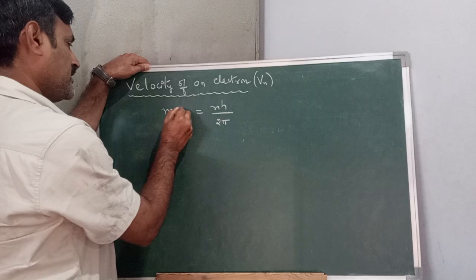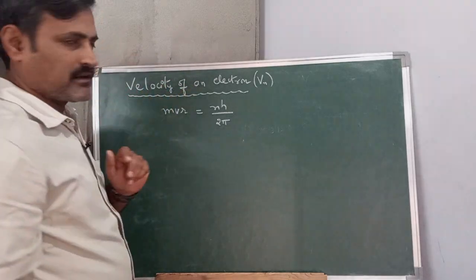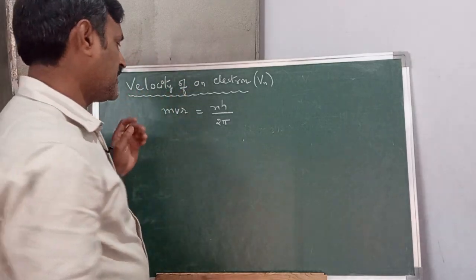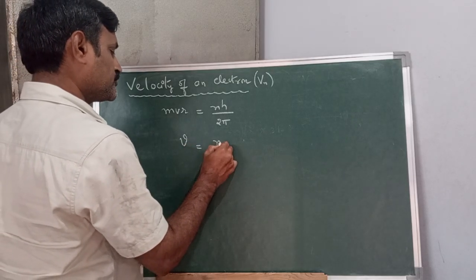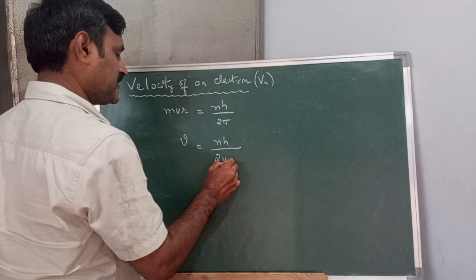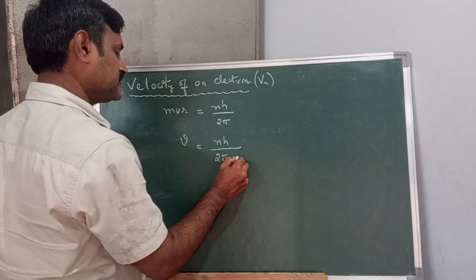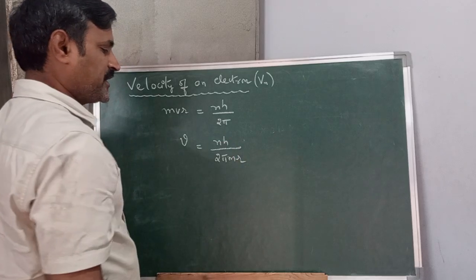Here v is the velocity of an electron, which we can now deduce from this one. That will be v equals nh by 2 pi mr.